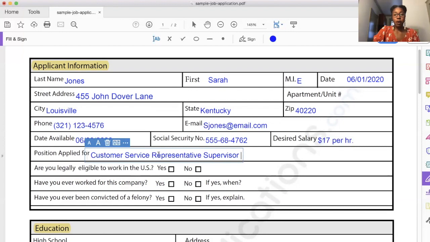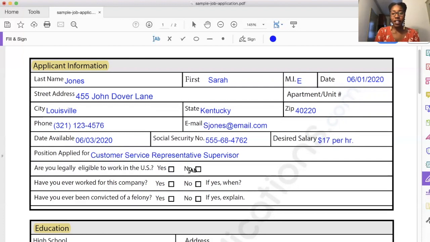A supervisor is somebody that watches over other employees. They help other employees with tasks and give employees information.